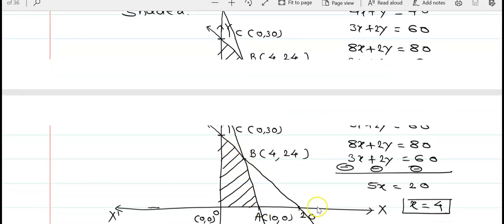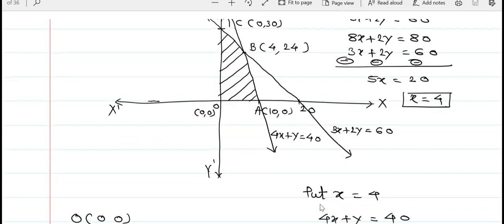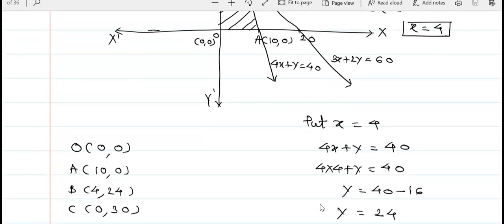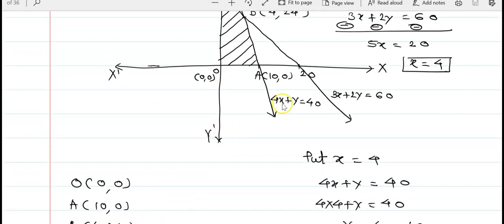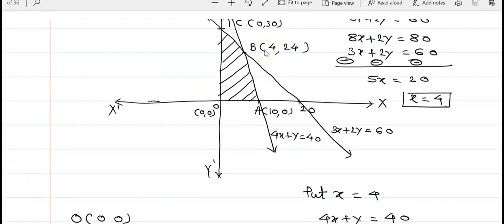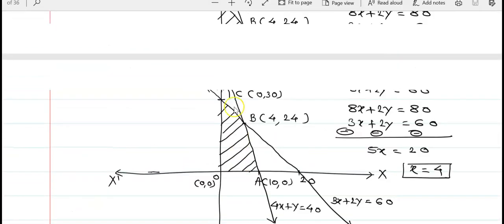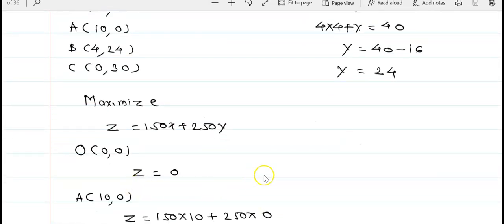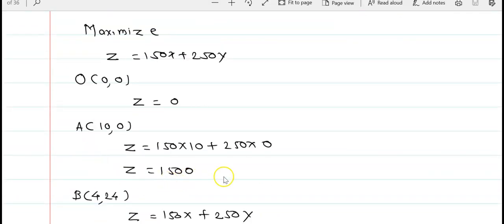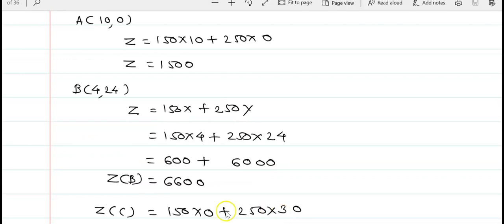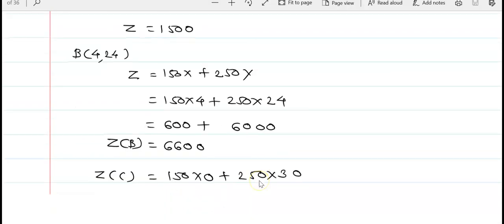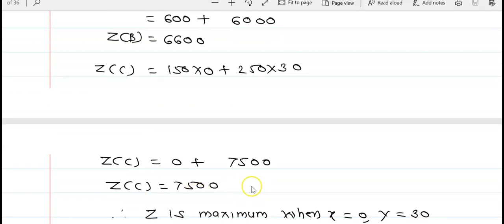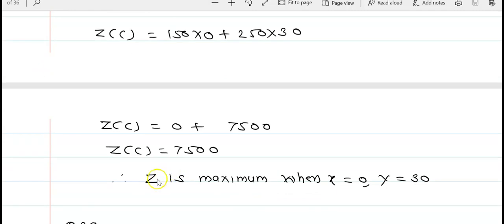O is (0, 0), A is (10, 0), B is (4, 24), C is (0, 30). Maximize: at O it is 0, at A it is 1500, at B it is 6600, and at C it is 7500. Therefore Z is the maximum when x = 0 and y = 30.